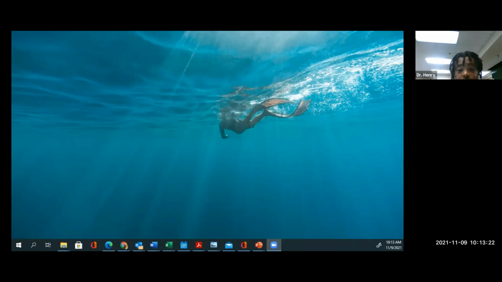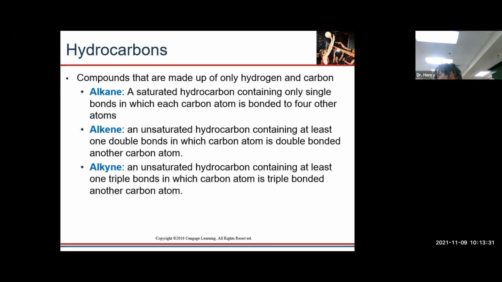Can you guys see my screen? Sorry. My computer's old, and so it wants to do its own thing every once in a while. Okay, so, sorry, I have to put up what I had earlier.